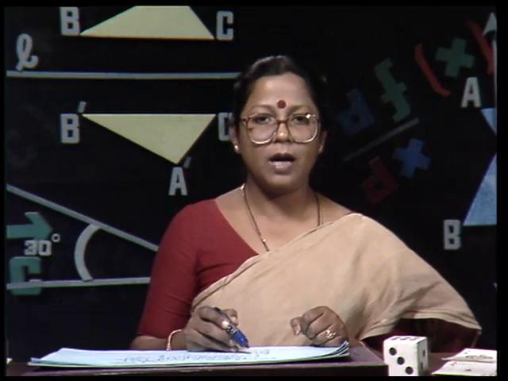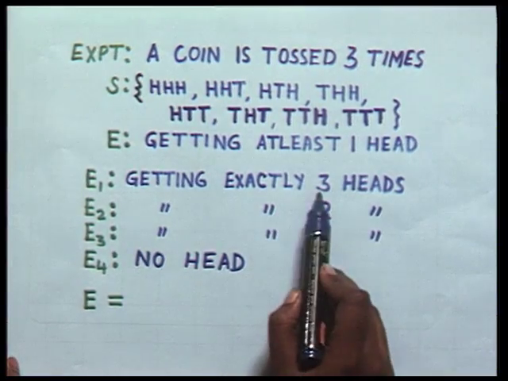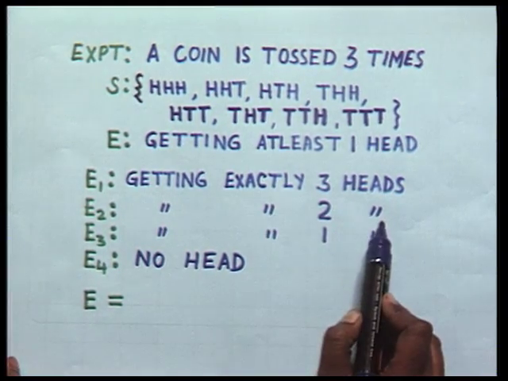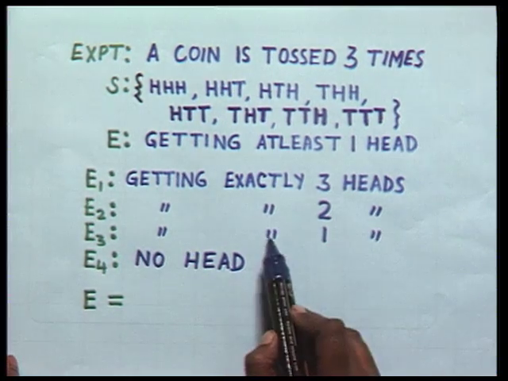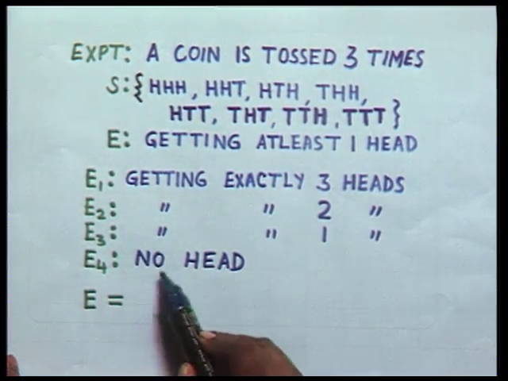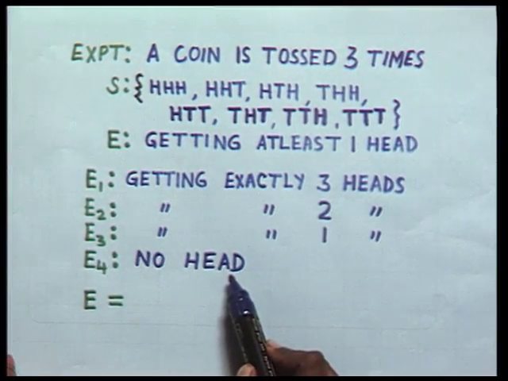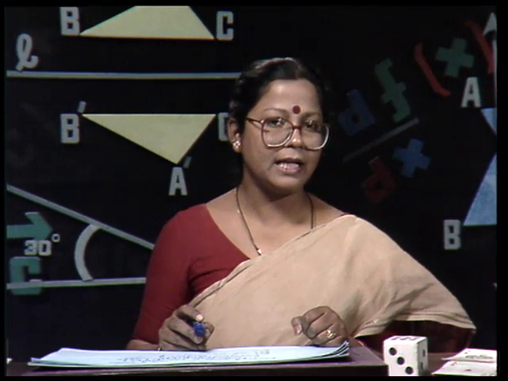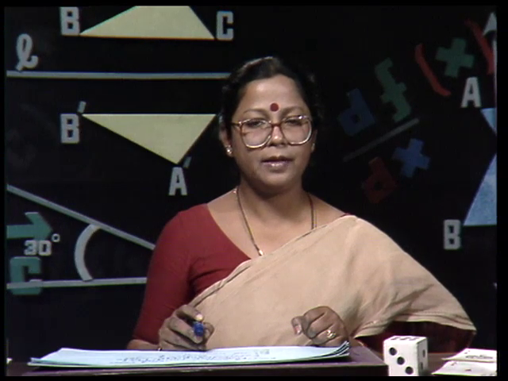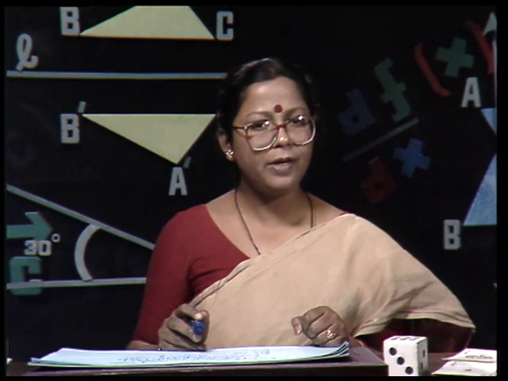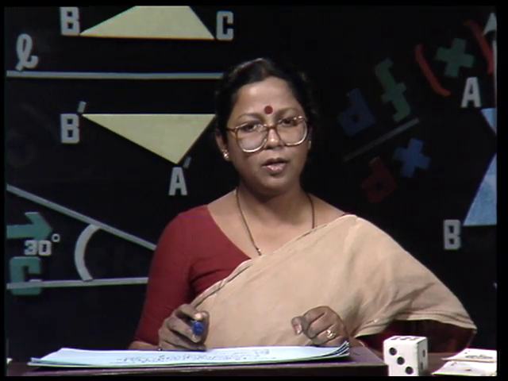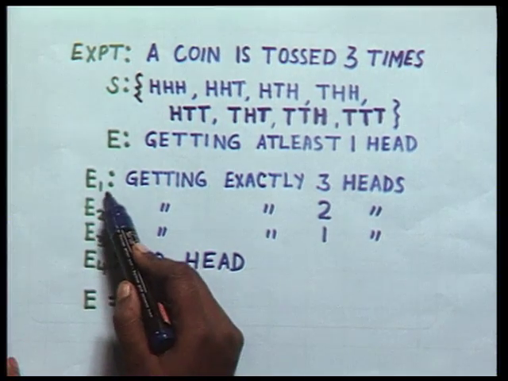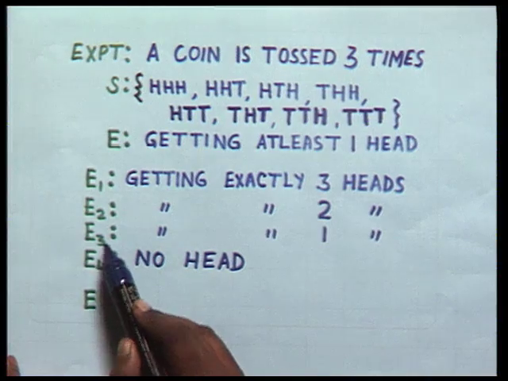Now, consider event E1 as getting exactly 3 heads, event E2 as getting exactly 2 heads, event E3 as getting exactly 1 head and event E4 as getting no head or all tails. Now, we have to find out the probability of getting at least 1 head. Now, this event will occur if we get 1 head or 2 heads or 3 heads. That means, event E will occur if E1 or E2 or E3 occurs.